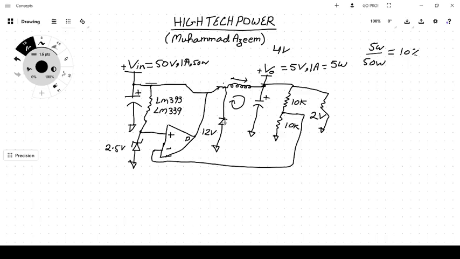This diode is called the freewheeling diode, and its purpose is to save the series pass element. And as I told you, the efficiency is also increased from 10% to 80-90%. So let's see a scenario of how it is increased.